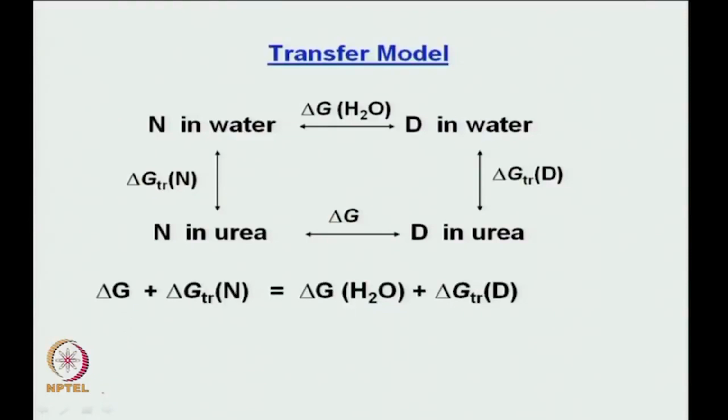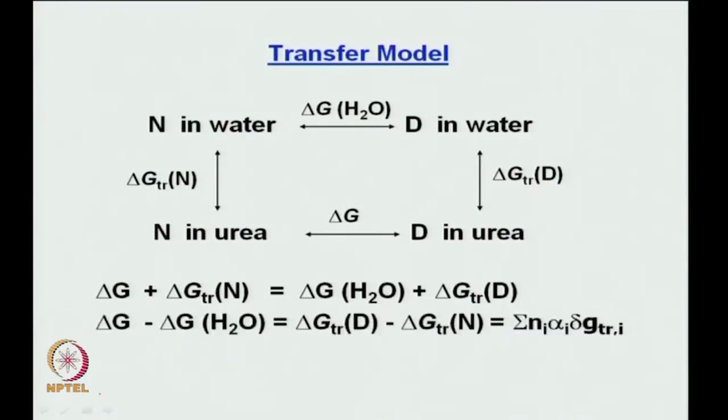So, what I can write from the thermodynamic cycle is the total change in free energy, delta G plus delta G transfer of the native form, is equal to delta G H2O plus delta G transfer of the denatured form. Now, see how this simplifies.